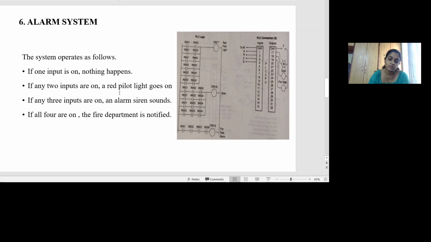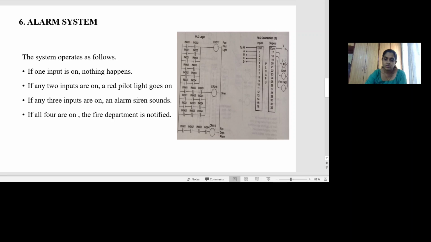So in this session, using the seal and mutual interlock concepts, we developed three more examples: instant forward, reverse, stop, then the jog circuit, and then alarm systems.